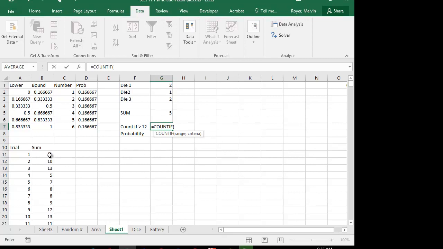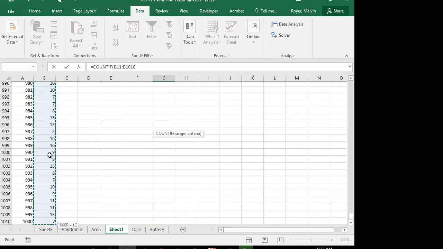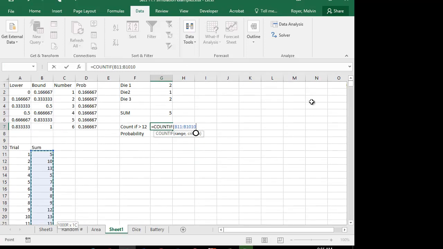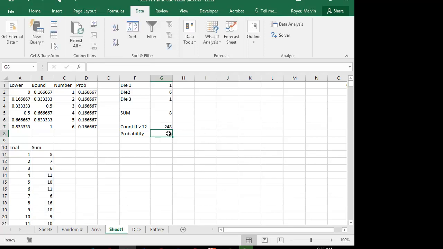I will give it this range of 1,000 numbers, B11 through B1010. And what is it supposed to be checking for? If the number is greater than 12. Put that in quotes. Press enter. And finally, for a probability, it's the number of successes, the number of counts greater than 12, divided by the total number of trials, which for me is 1,000.